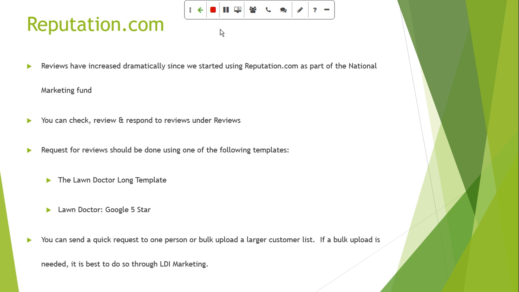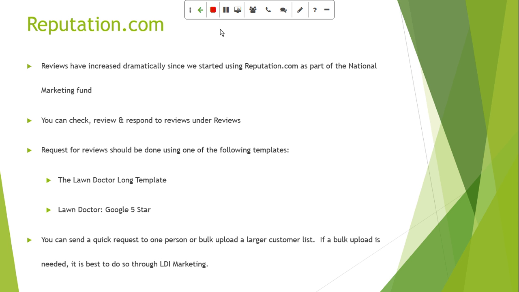I don't say that to intimidate anybody. I just want to make sure you're aware that if you're using these templates, whatever is left on Google stays there. And if somebody leaves a poor rating, it will be there for a while, until you get better ratings that start to replace it.